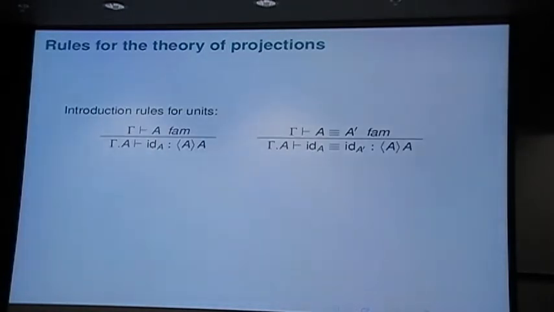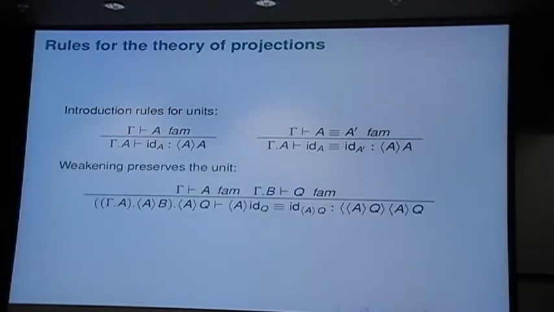So how are they introduced in the theory? If you have a family A over gamma, then you get a term of A weakened by itself. So it's like a morphism from A to A, and this is how you express it in the rules.